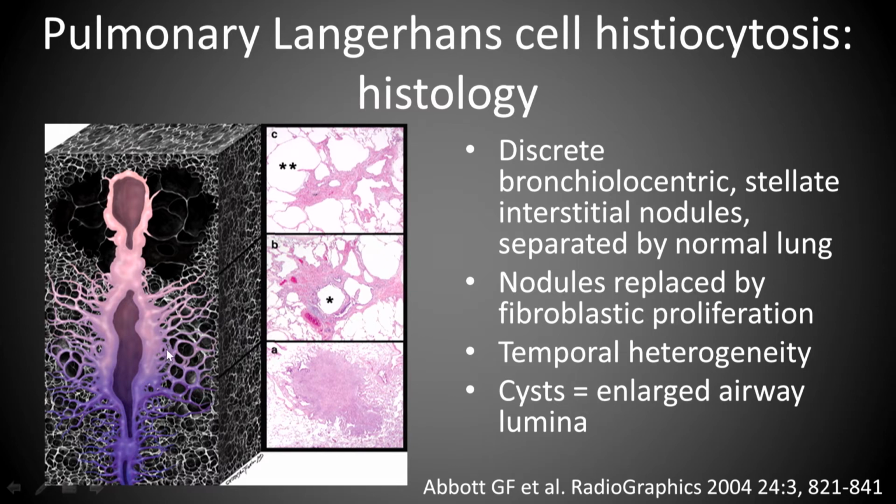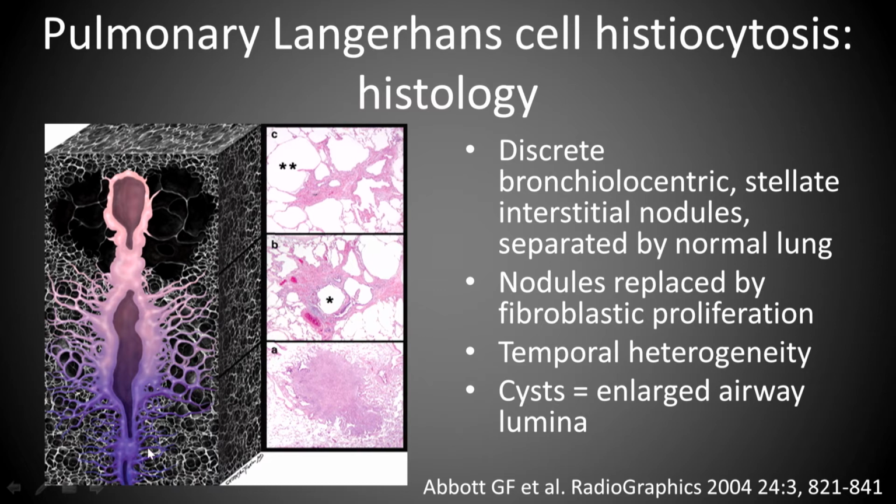And then over time, the nodules are replaced by a fibroblastic proliferation, and the fibrosis starts pulling this bronchus open into appearance of bronchiectasis or bronchiolectasis. And then even further down the road, the fibrosis can completely occlude the airway. We can end up with bronchiectasis and enlargement of the surrounding air spaces.